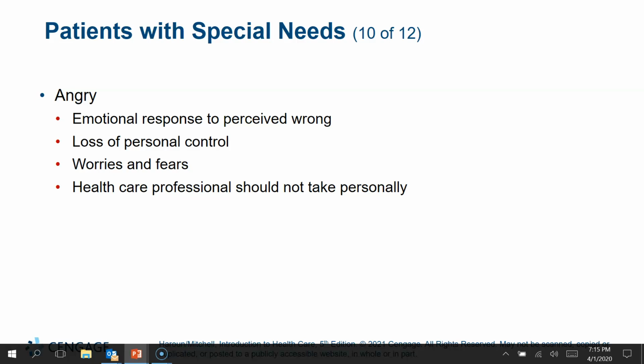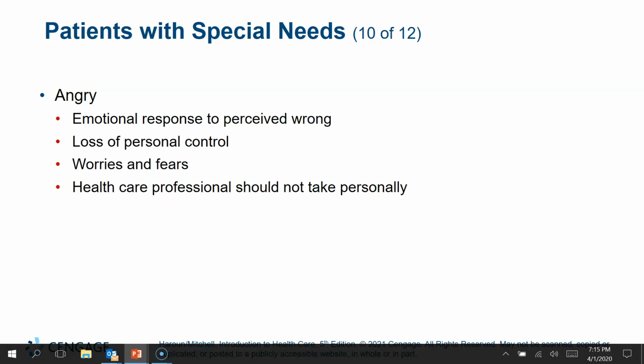You are always going to make sure that you have the ability to get out of that room quickly. You never want to put yourself on the opposite side of the patient where they have much more control over the situation.